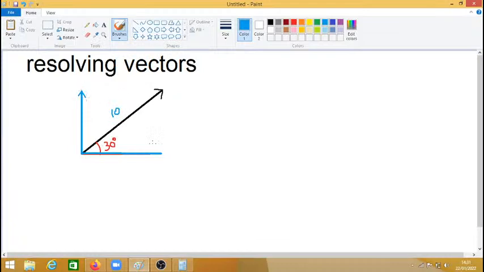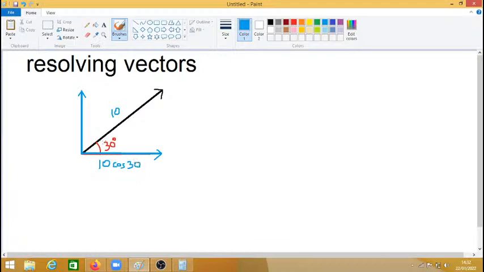Then if we want to work out the horizontal or the vertical component, you just have to look at the angle and say, is it adjacent to the vector? Here we're looking at the horizontal component. The horizontal component is right next to the angle, so that is adjacent. Then we're going to use cos. We're going to use 10 times cos 30.